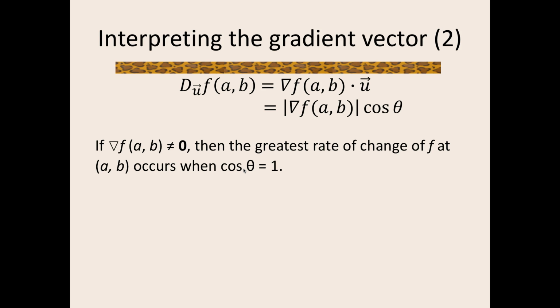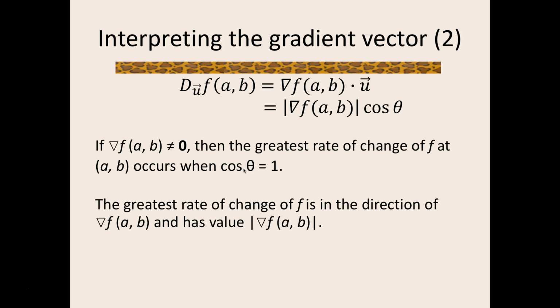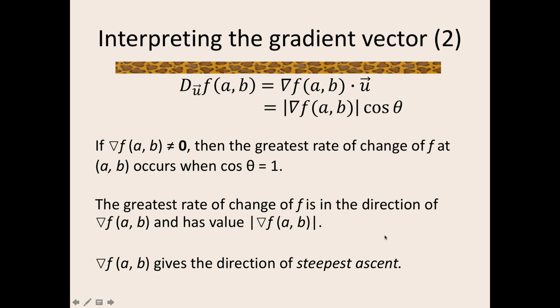When would that angle have a cosine of 1? It would have to be an angle of 0 degrees or 0 radians. So that means that the greatest rate of change would be in the same direction as the gradient vector. And of course, the value of that greatest rate of change would be the magnitude of the gradient, because cosine theta would equal 1 there. So we sometimes call the gradient vector the direction of steepest ascent. The quickest rise of the function would be going in the direction of the gradient at that point.